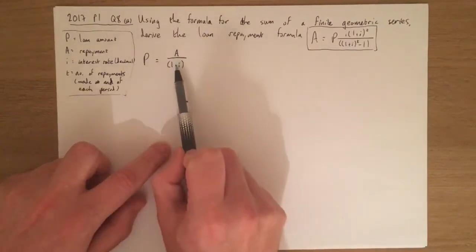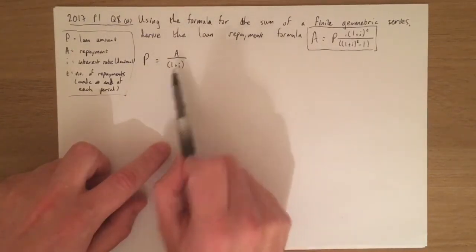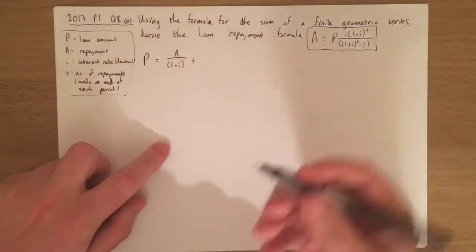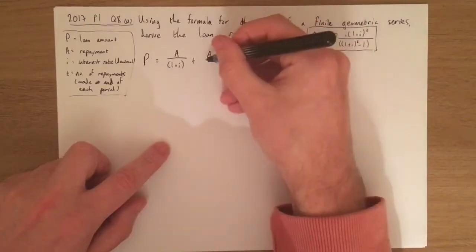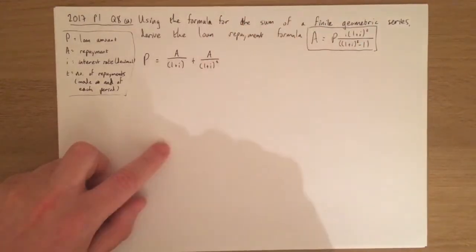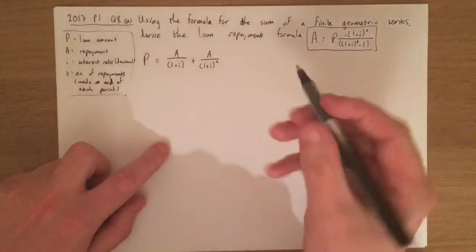So that first repayment happens at the end of the first period, so it's discounted once. Then in another, say, month's time, I make a repayment, and it's discounted twice because it happens at the end of the second month.